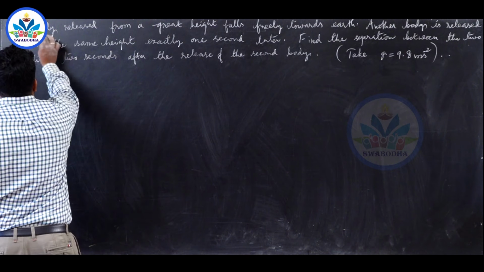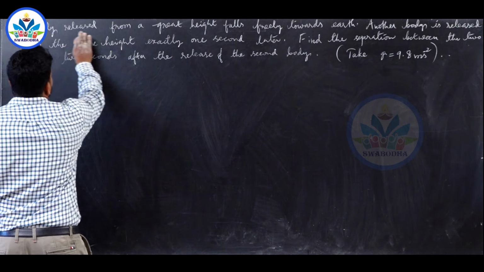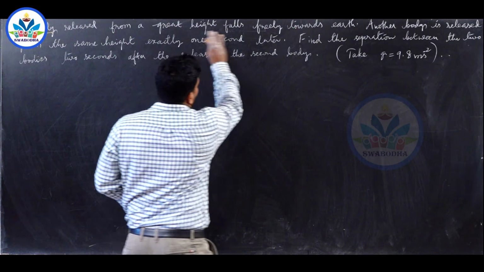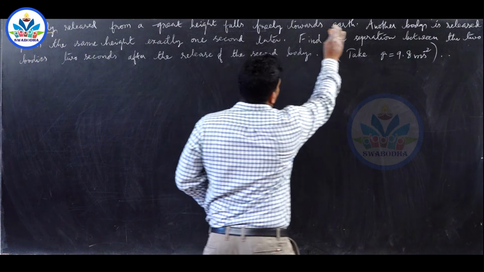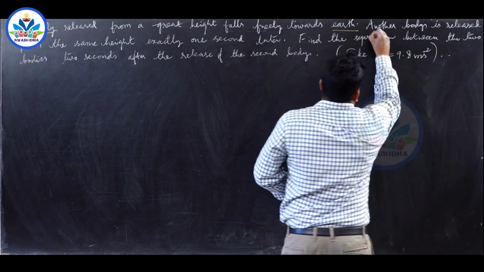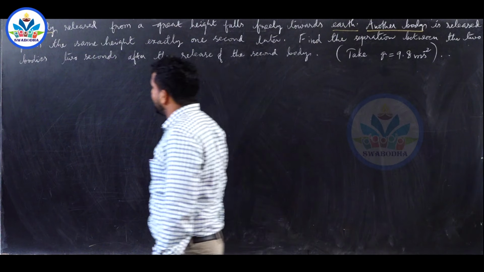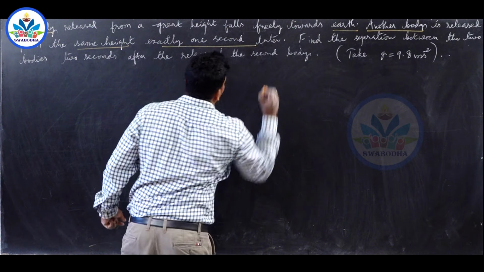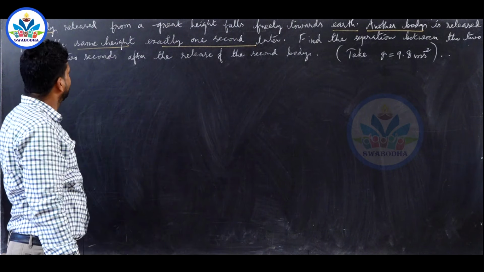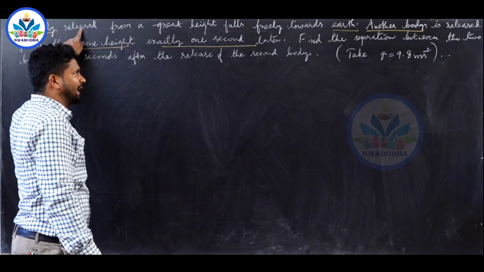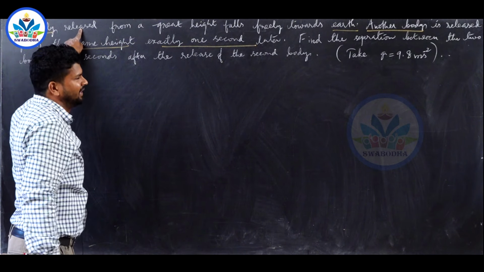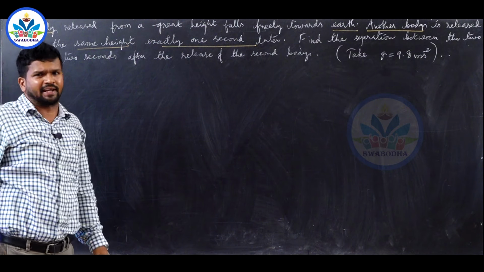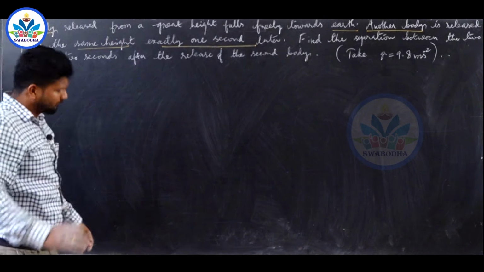Let me repeat once. A body released from a great height falls freely towards earth. Another body is released from the same height exactly 1 second later. Any body which is dropped or released from a certain height, no doubt it falls freely towards earth.